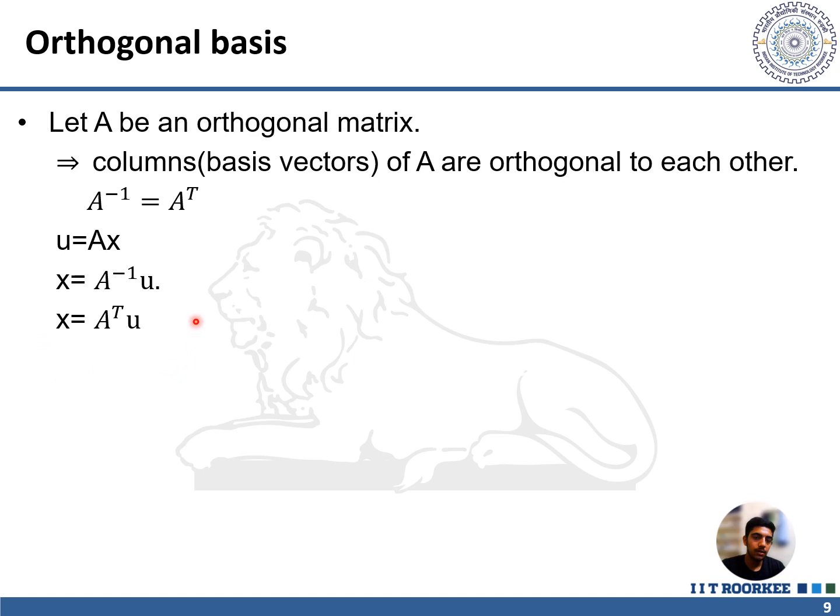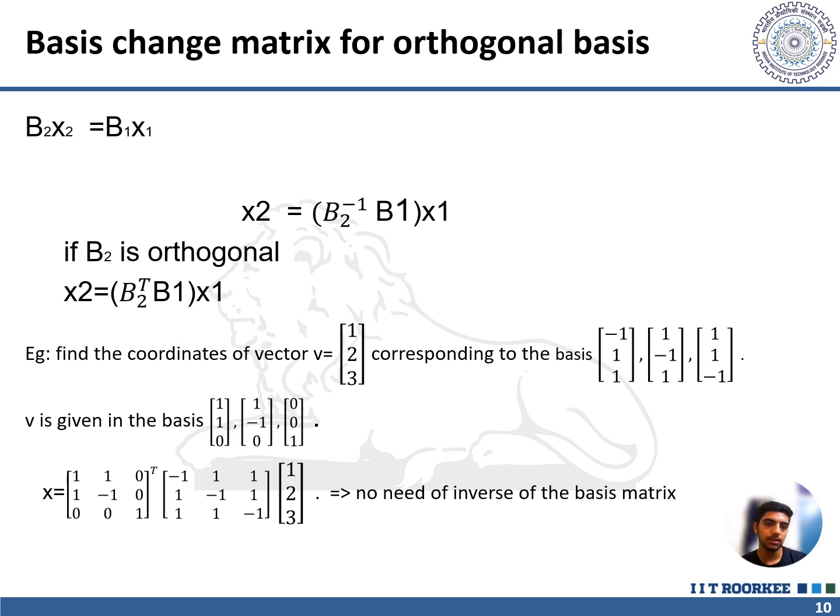That's the benefit compared to an arbitrary basis: with an orthogonal basis we can easily find the inverse, and thereafter the coordinates of that vector. To be very simple, if b2 is orthogonal, then to find the coordinates x2 in the basis b2, we would have to take the inverse if the matrix were not orthogonal. But if we have an orthogonal matrix, we can simply take the transpose, which is equal to the inverse.